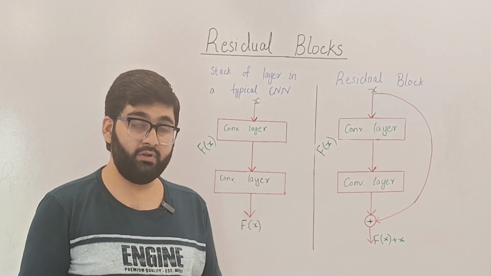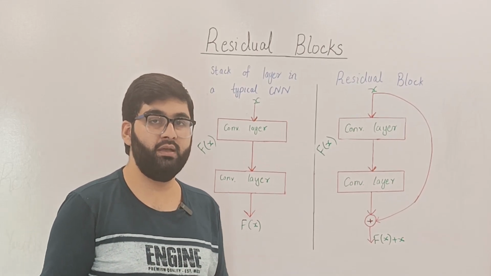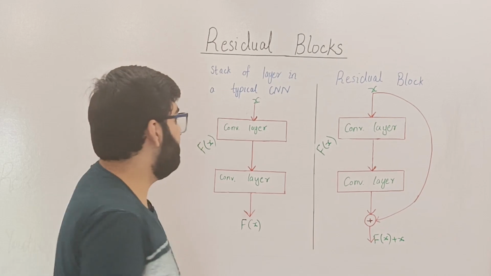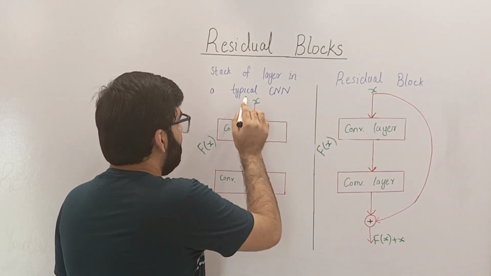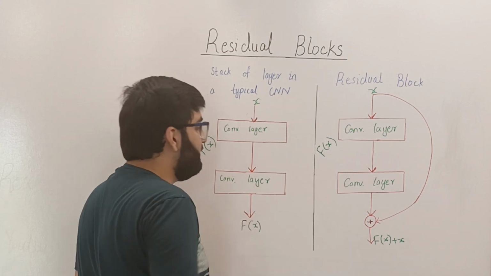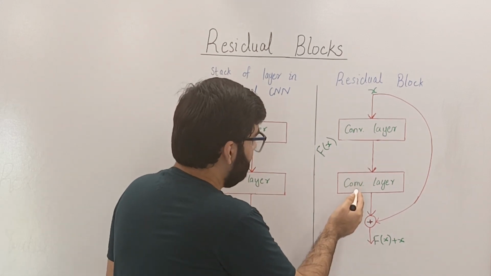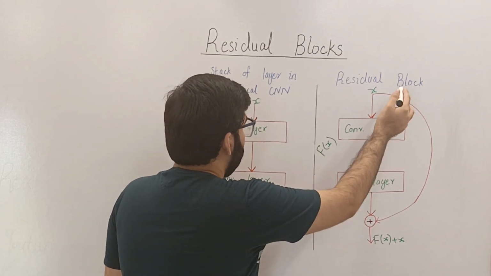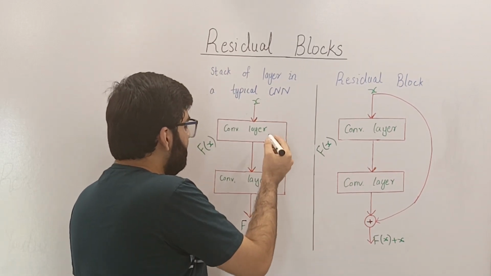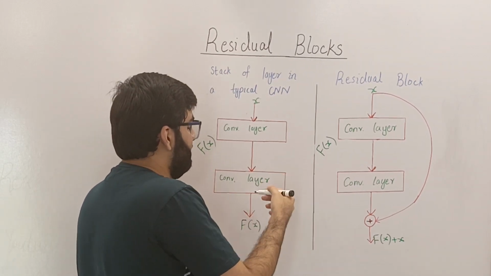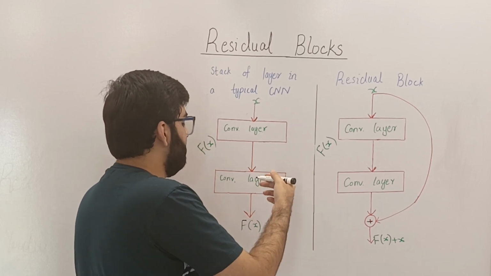A residual neural network is made up of residual blocks. Here you can see a comparison between how the convolutional layers are structured in a typical convolutional neural network versus how they are structured in a residual block. In a typical CNN, the convolutional layer is stacked next to the previous layer in the network.